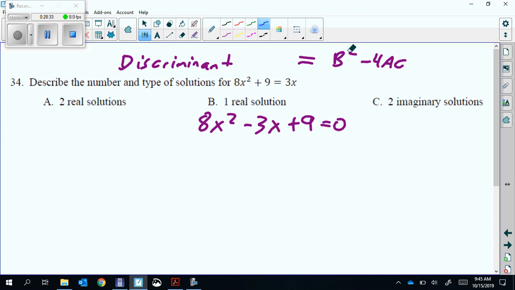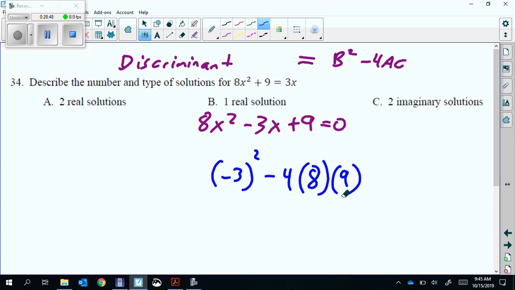So b is negative 3, so we got negative 3 squared minus 4 times a is 8, c is 9. And then depending on if this is greater than 0 or less than 0 or equal to 0, tells us what we get.